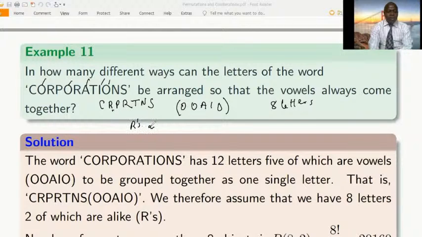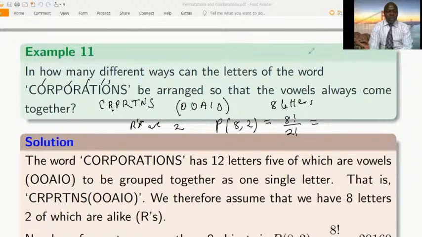So the R's are 2. Which other ones are similar? R are similar. The other ones are not similar. So we are given 8 letters. Permutation of 8 letters where 2 are similar will be given by 8 factorial divided by 2 factorial.